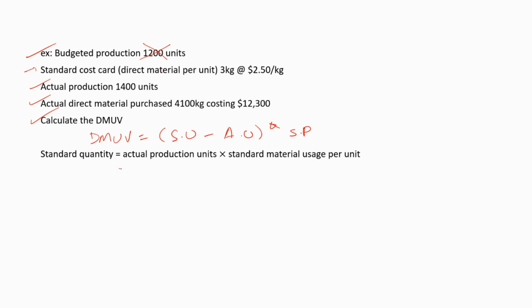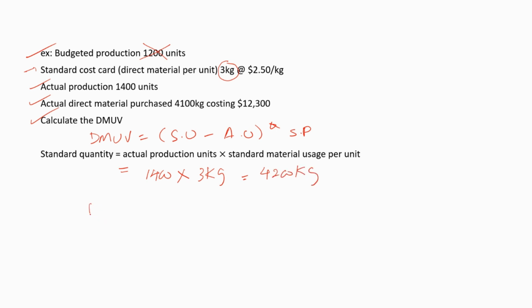So now let's calculate the standard quantity, which is equal to actual production units, which is 1400, multiplied by the standard material usage per unit. So 3 kilograms of material will be used to produce 1 unit. So 3 kilograms. This is the standard quantity of material usage, which is equal to 4200 kilograms.